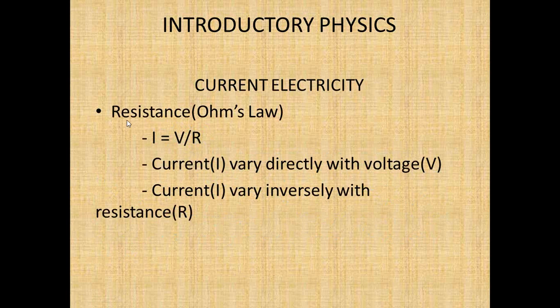You can use this concept to do a lot of things. Just by rearranging Ohm's law, you can use it to a lot of advantage, because by varying the resistance, you can vary the current.